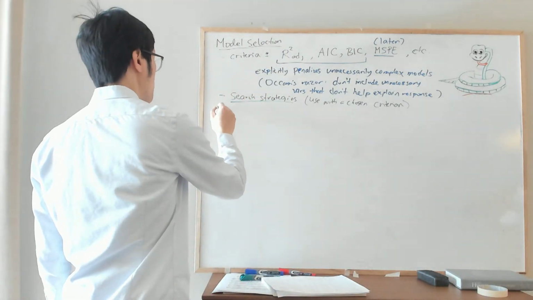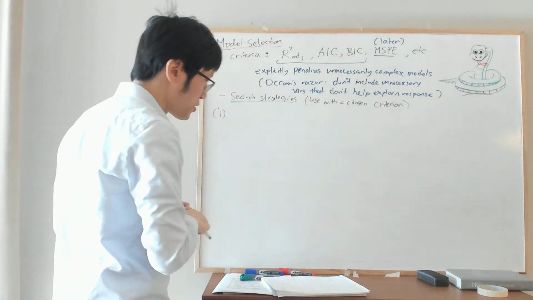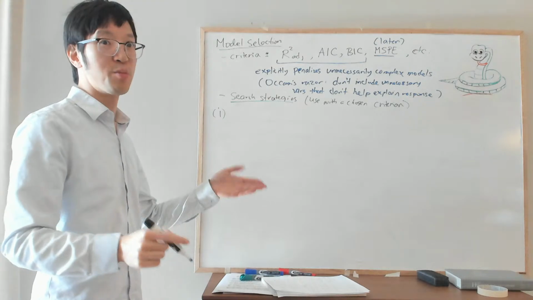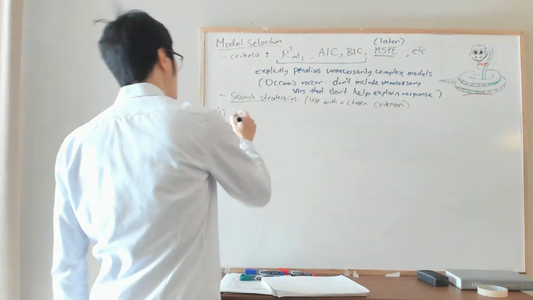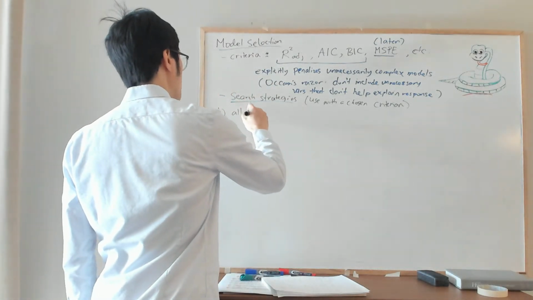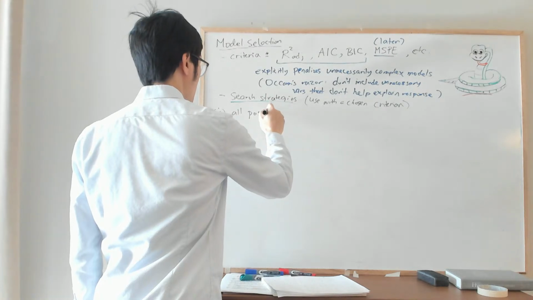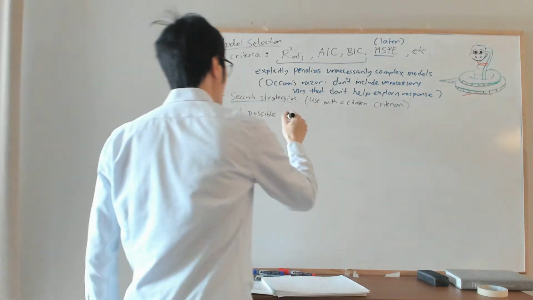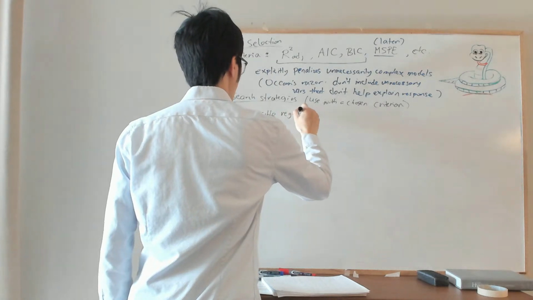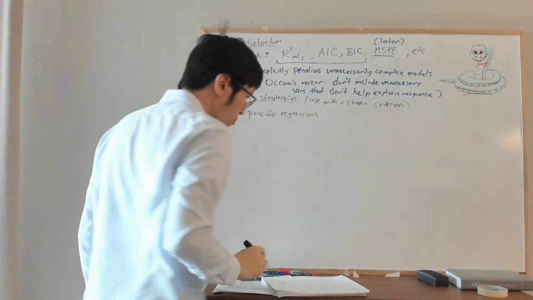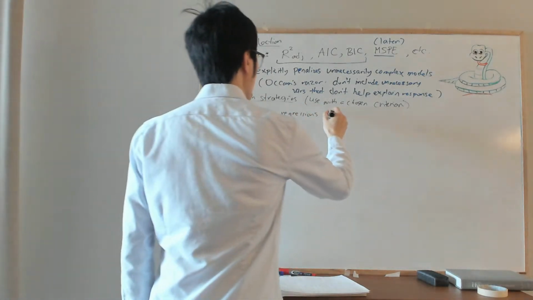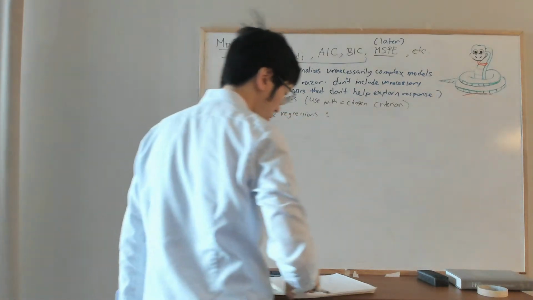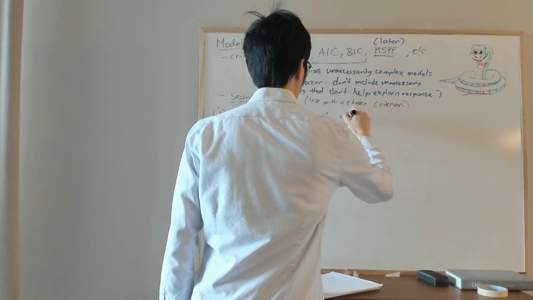So first one, I alluded to this before. We can do, for example, a brute force approach. The simplest approach, which also ensures that we get the best answer possible, is we just fit all the possible regressions. Suppose we have P predictors.